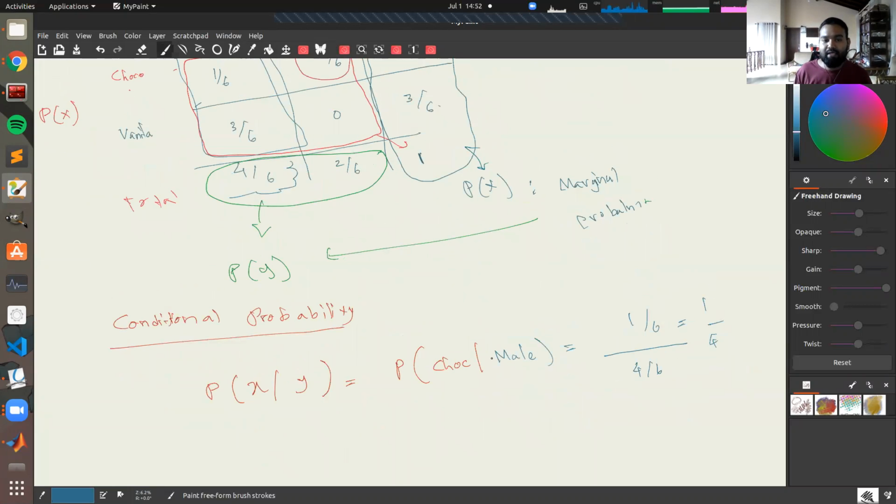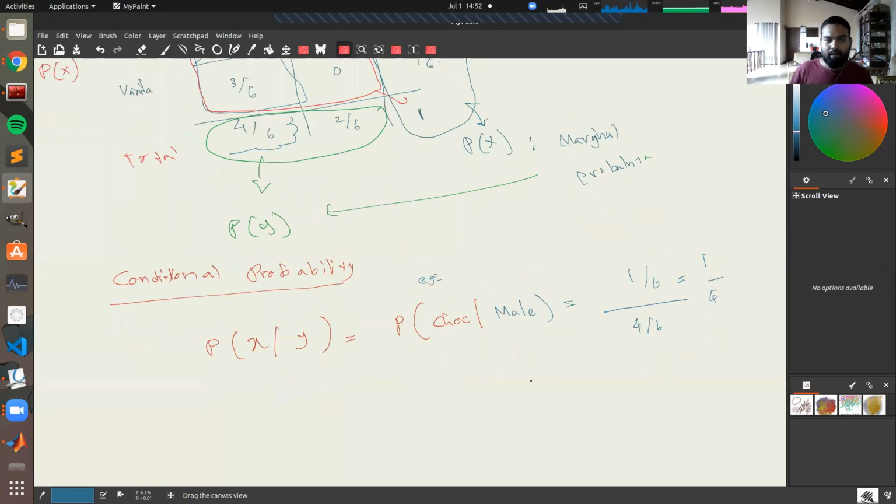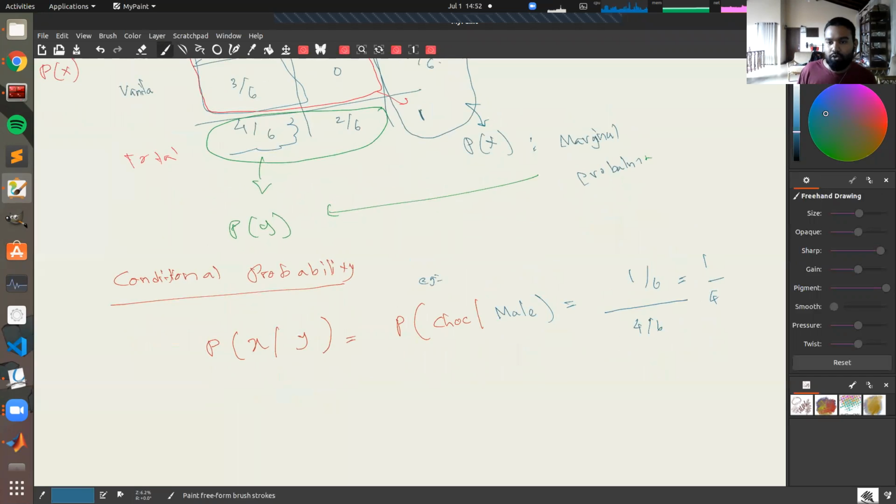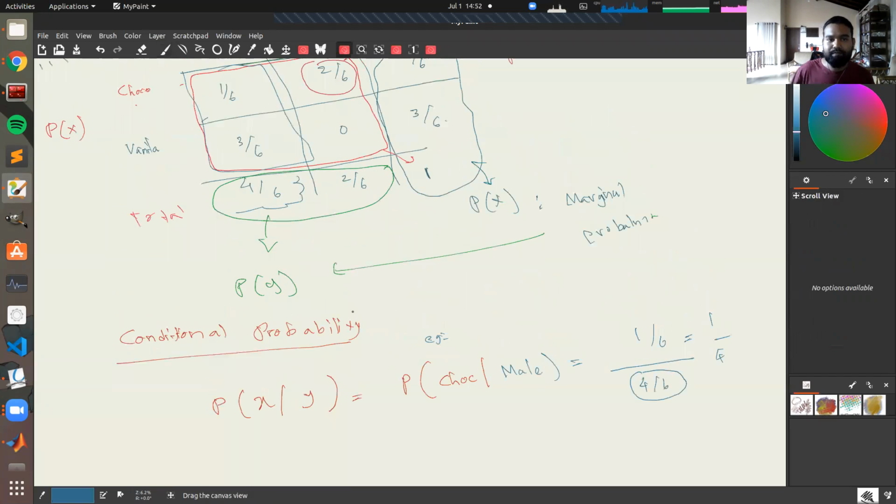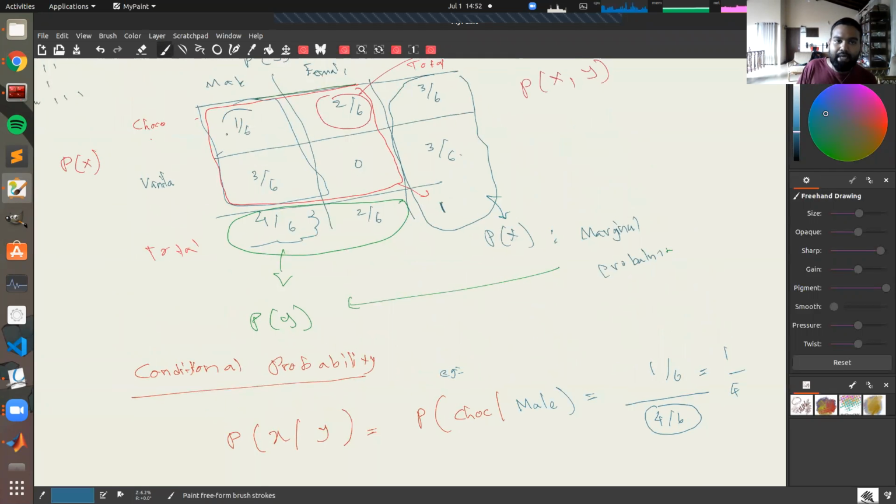So how would you write this mathematically? This is the total of all the guys, P of y, and 1/6 is the joint event of a guy liking chocolate. Out of all the guys, how many like chocolate?